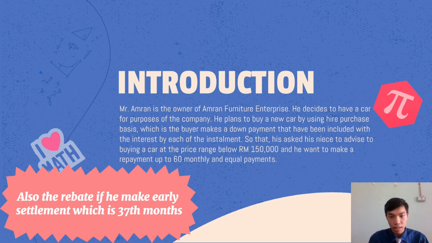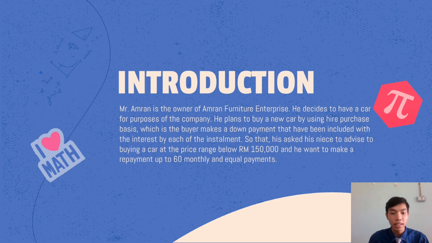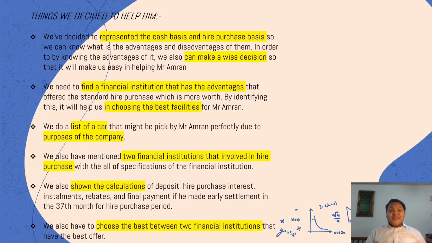So the first thing is we decided to represent the cash basis and the hire purchase basis so we can know the advantages of each. Here are the things we decided to do to help Mr. Amran. First, we decided to represent the cash basis and hire purchase basis so we can know their advantages and disadvantages.